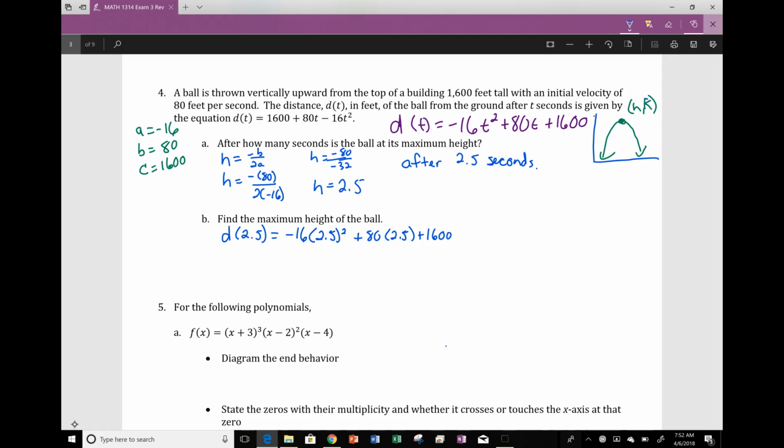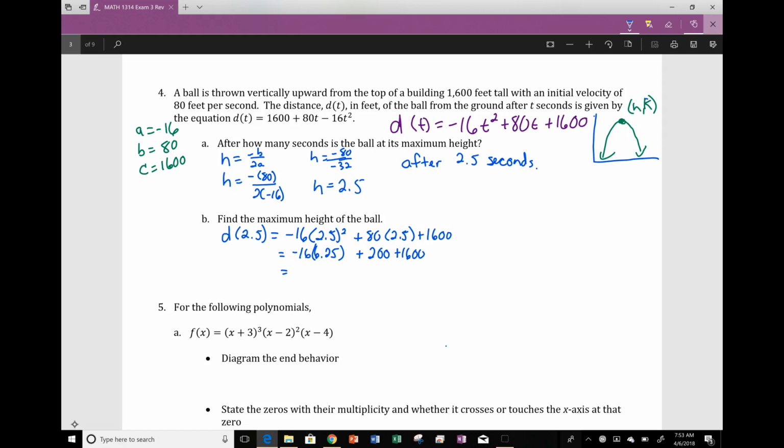So we're going to need to square the 2.5. So 2.5 squared is going to be 6.25, plus 80 times 2.5 is 200, plus 1,600.